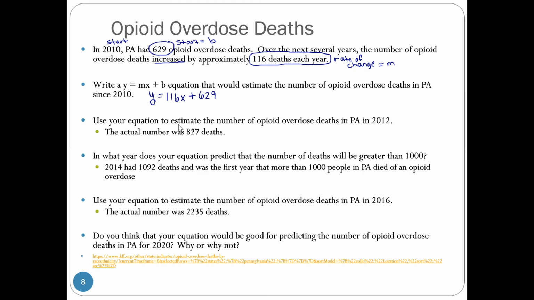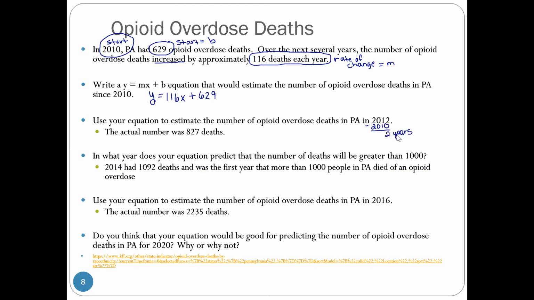It asked me to use my equation to estimate the number of opioid overdose deaths in 2012. So we noted at the beginning that 2010 was our start. And so if I take 2012 minus 2010, I find that this is 2 years later.